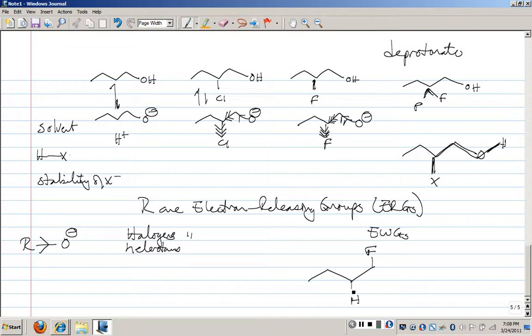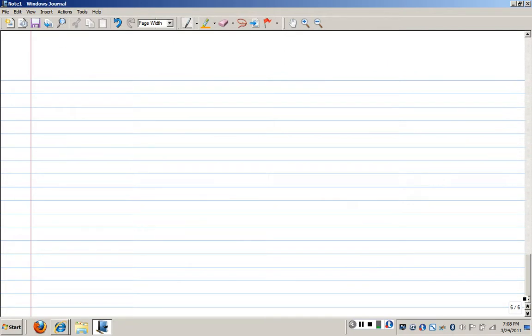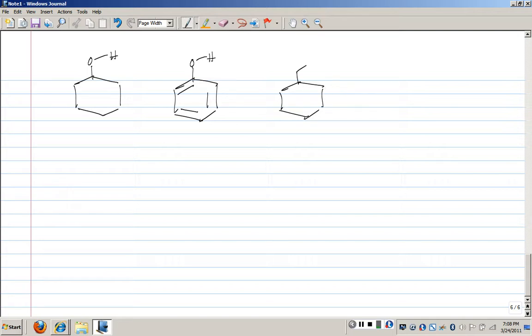Okay. The resonance effect can also play a role if, for example, I were looking at the following compounds. So let's look at the following compounds. Cyclohexanol, this compound is called phenol, and let's look at benzoic acid.